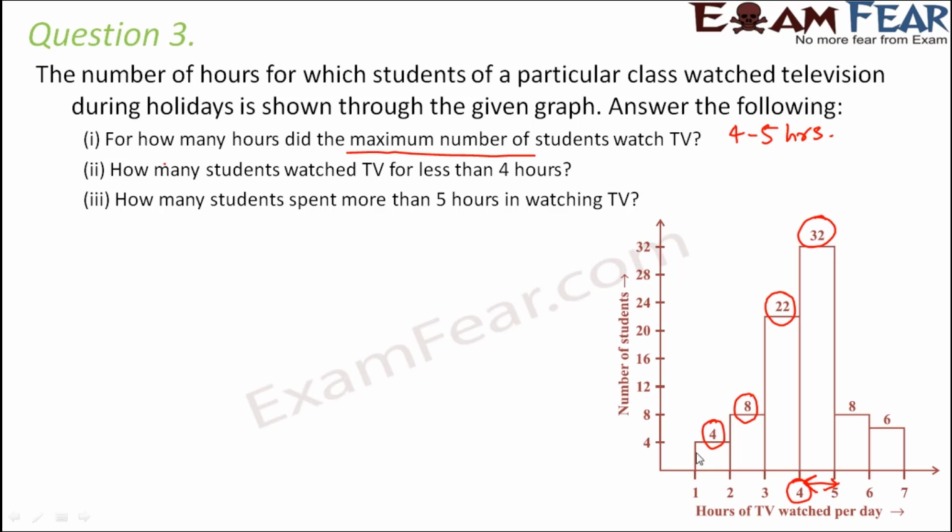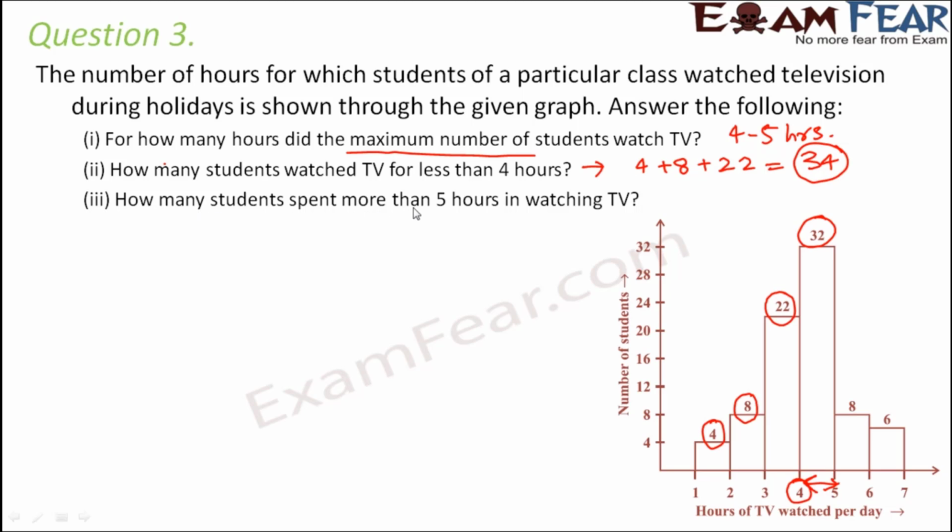Here you have 22 students, because 4 students watch between 1 to 2 hours, which is less than 4 hours. 8 students watch between 2 to 3 hours, which is again less than 4 hours. Again, 22 students watch between 3 to 4 hours, which is again less than 4 hours. So, all in all, we can say that 4 plus 8 plus 22, which is 34 students, watch TV for less than 4 hours.